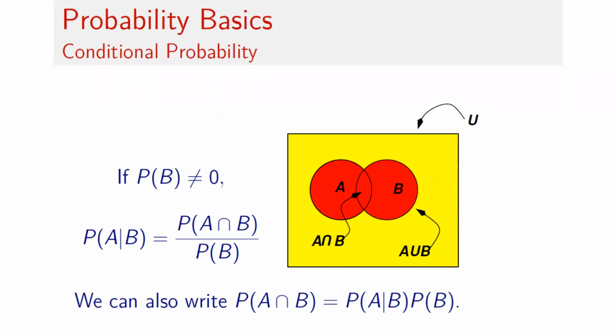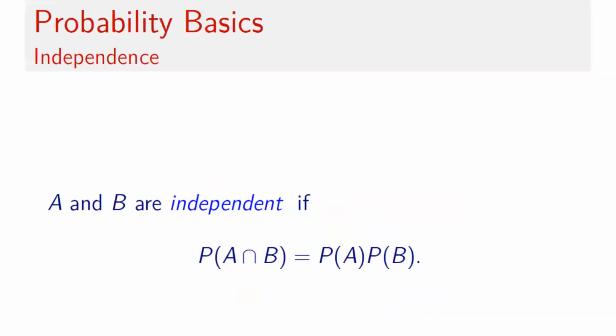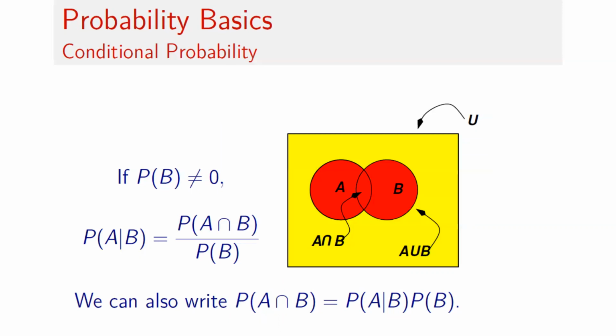Also, another important theory part about probability is conditional probability, and this is a very important concept. If capital A and capital B are not independent events, so it's not this case, then knowing that B has occurred affects the probability that A has occurred.